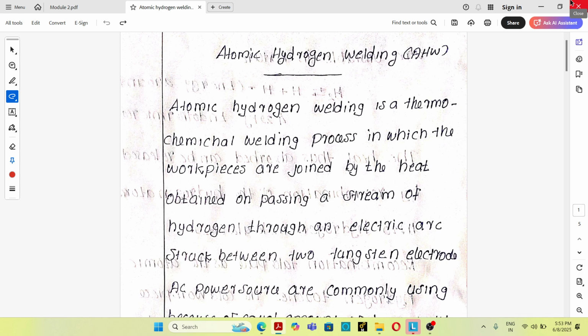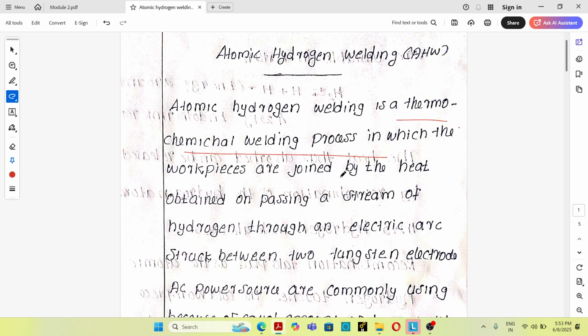See, in atomic hydrogen welding, the entire process is different. Atomic hydrogen welding is a thermochemical welding process. An electric arc is created between two non-consumable tungsten electrodes. The energy of the electric arc is not used directly for melting the base metal to be joined.